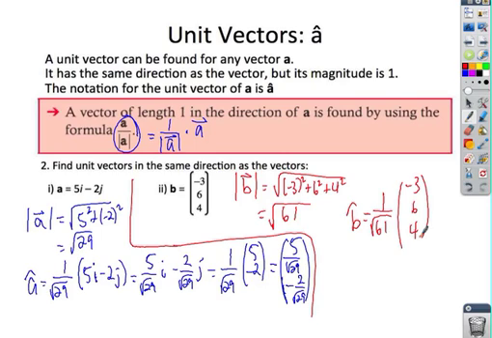Just one thing I wanted to show here too, and I showed this in class when we talked about it, but if you want to find a unit vector, the whole idea behind a unit vector is basically based on similar triangles.